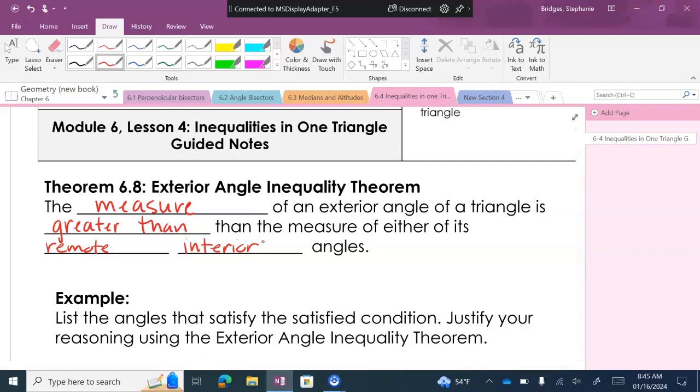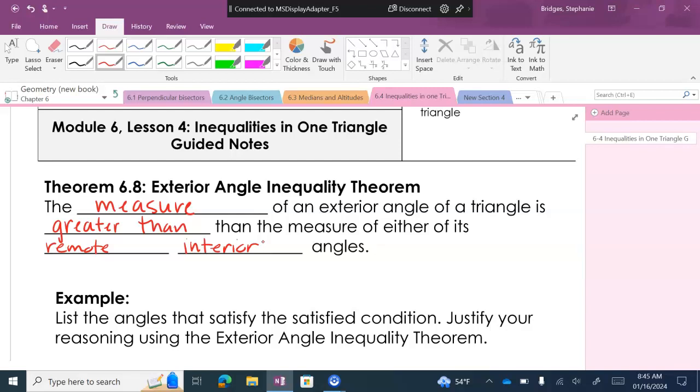So the measure of an exterior angle, the degrees of an exterior angle, is always going to be greater than the measure of either of its remote interior angles. So what that is saying is this angle right here, the measure of angle 3, is greater than, I'm not using my greater than symbol because it looks like an angle symbol, either this one or this one, the measure of angle 1 or the measure of angle 2.